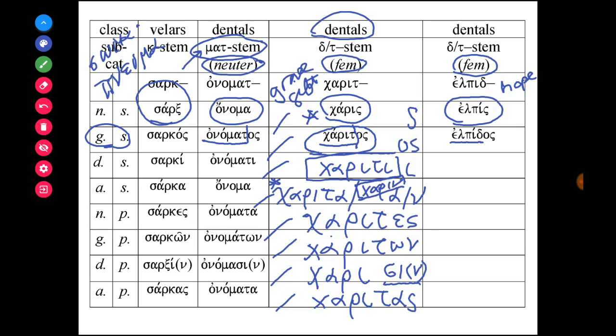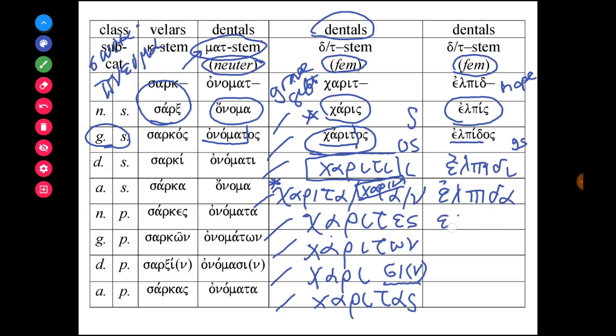And then we add the third declension feminine endings to the stem elpid with the delta, and the genitive singular is therefore elpidos. The dative singular is elpidi. The accusative singular is elpida, and this is the only form with an alpha.